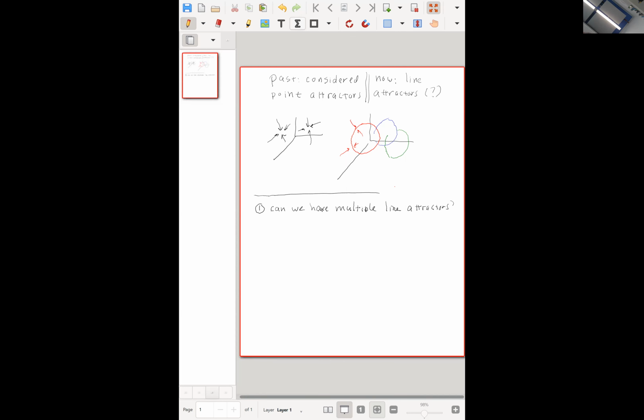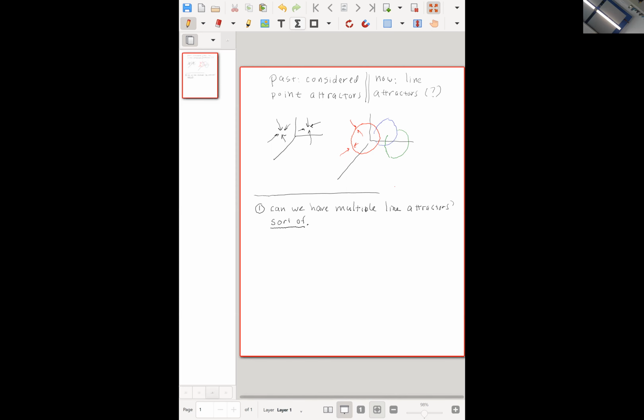And the answer to that is going to be sort of. So strictly speaking, no, you can't have multiple line attractors, or it's very, very difficult. But you can get approximate line attractors. I'll say what that means.